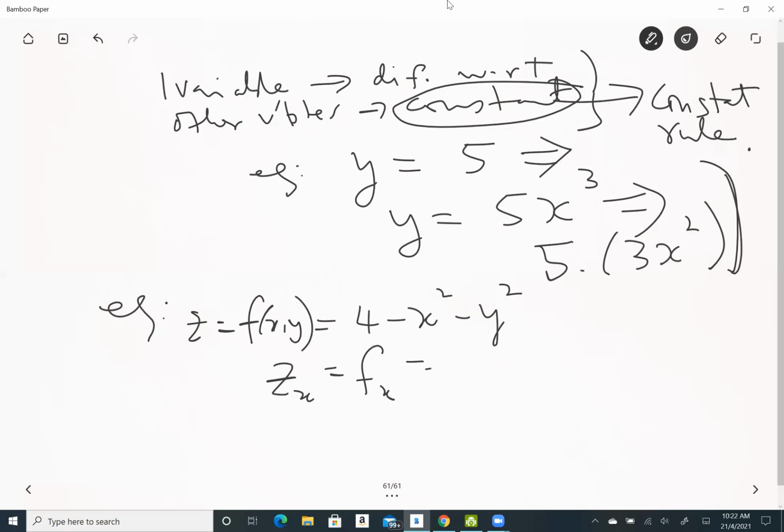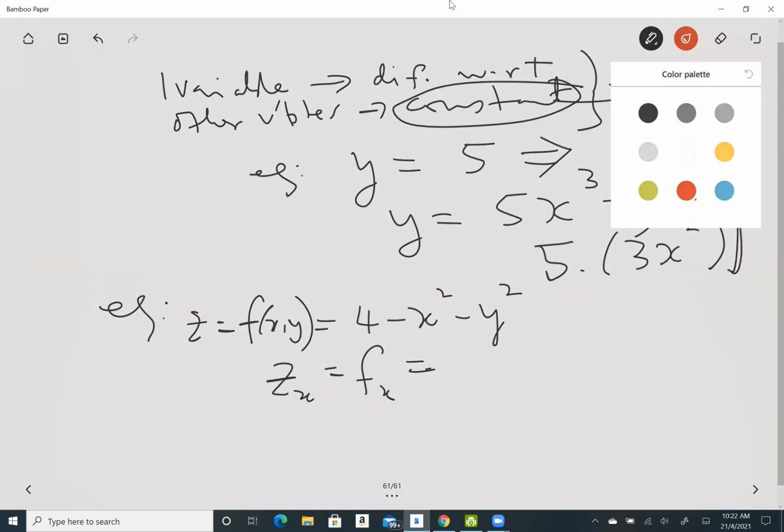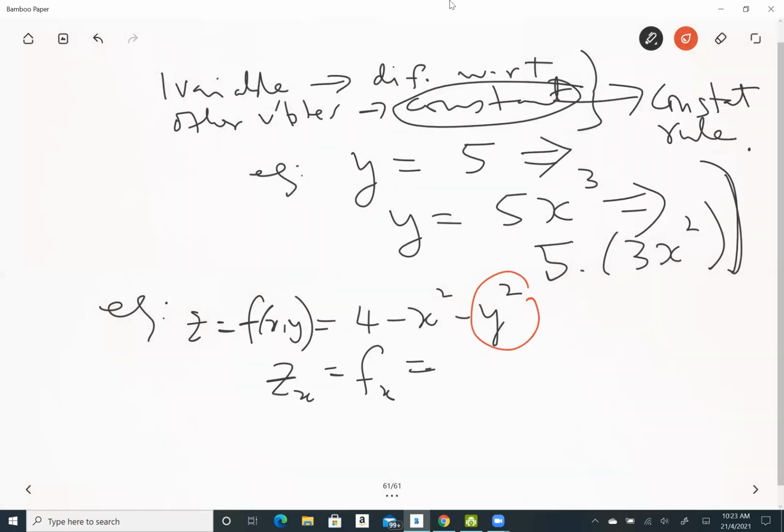So here you treat y as constant. When it's a constant, you think of it as a number, say 10 or whatever, 20, 5. If you differentiate a constant, what do you get? 0 lah. So that would be 0.